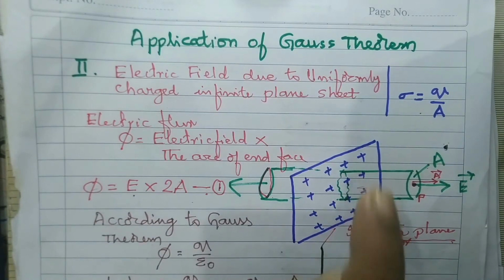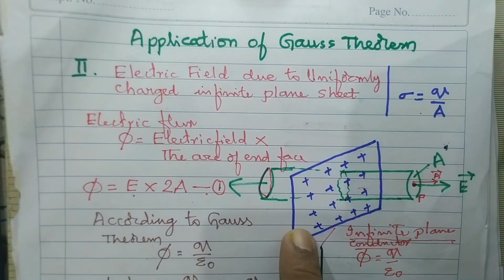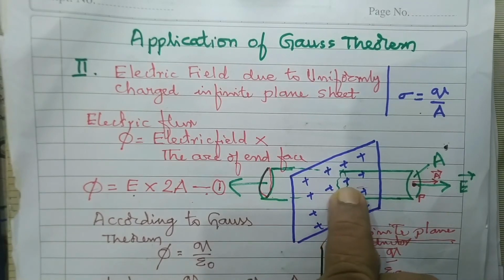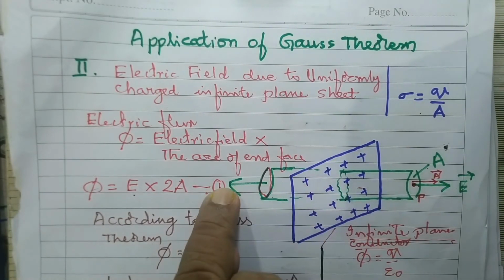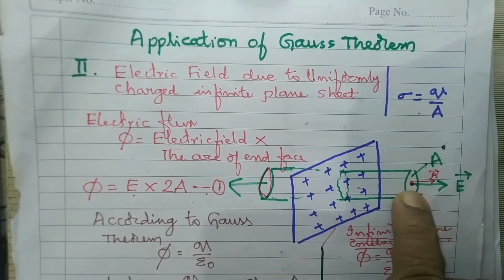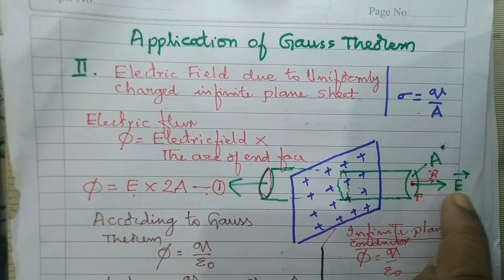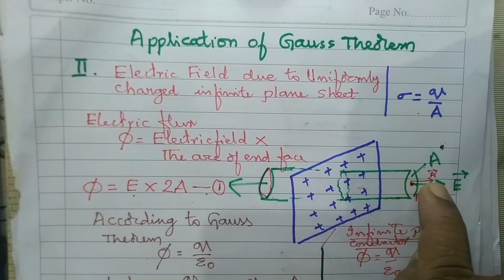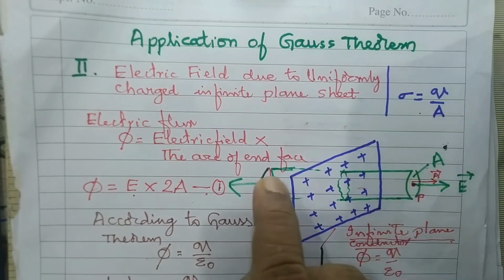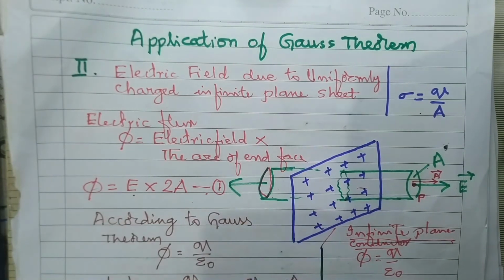We take an infinite plane sheet. Again we consider a Gaussian surface, cylindrical in shape, because the electric field is going like this and also like this. Electric field through this face is E bar, and A bar is the area vector, and the angle between them is 0. This is the area, and in the same way this side is also area.